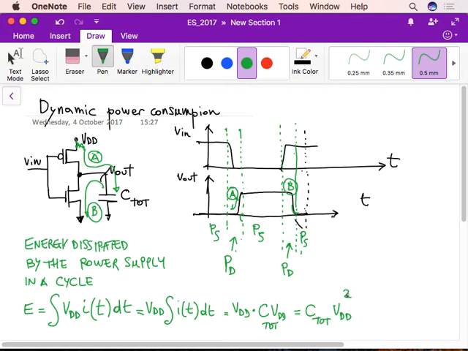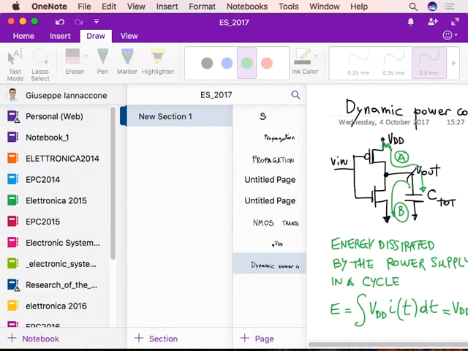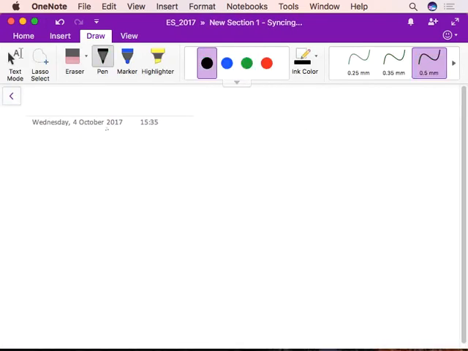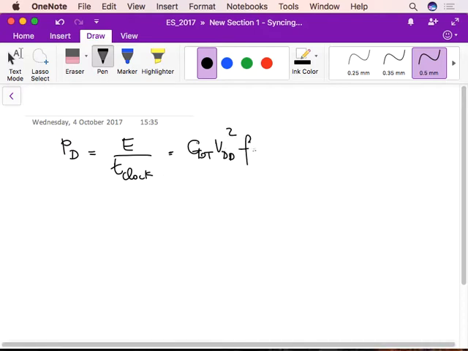Okay? So the dynamic power consumption can be written in this way: P dynamic is equal to the energy divided by T clock, which is C tot times VDD squared, and the inverse of T clock is F clock.